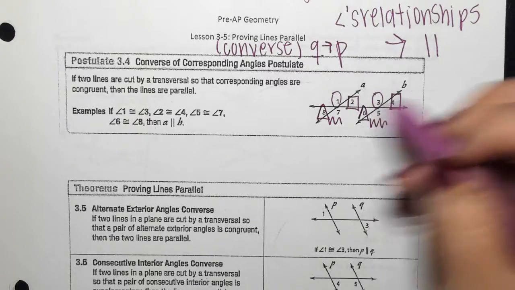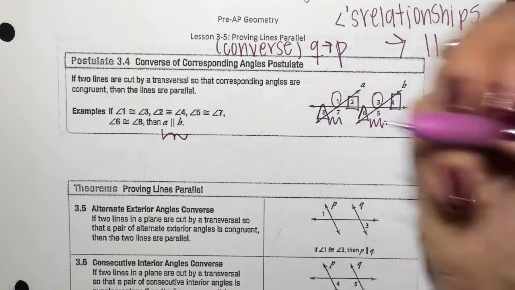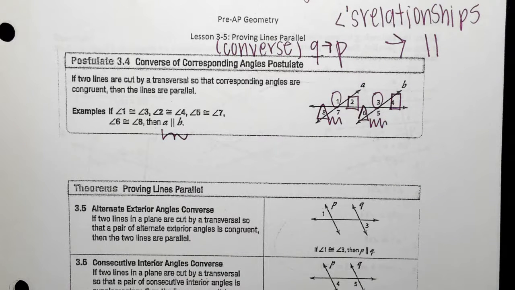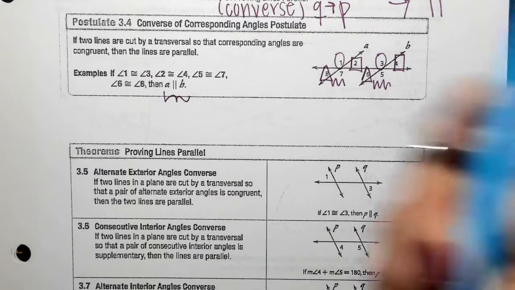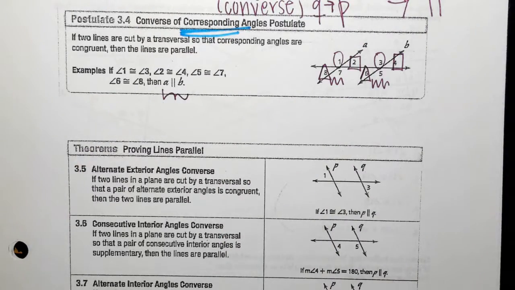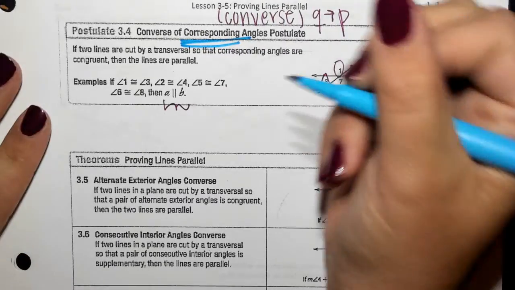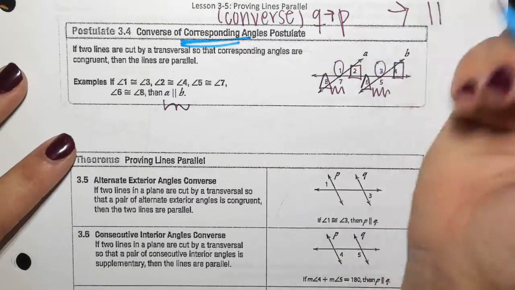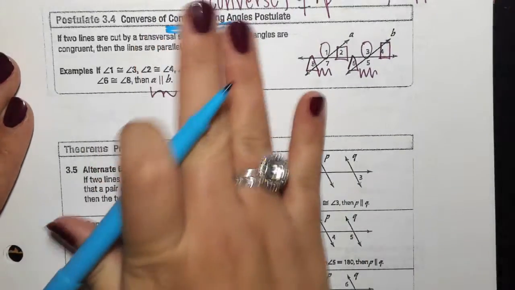If any of those are true, then we know that A is parallel to B. So that is the main word here, corresponding. All I'm going to make you write when we have to write these is like corresponding postulate or theorem, as long as you say corresponding.